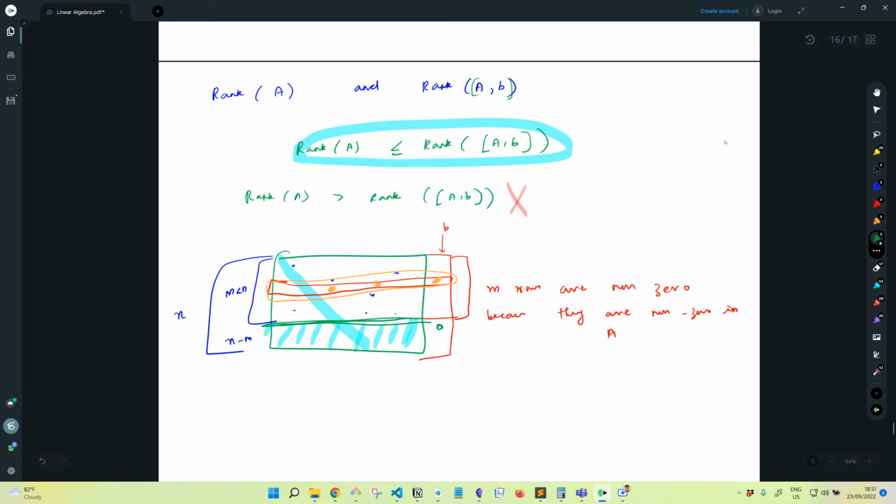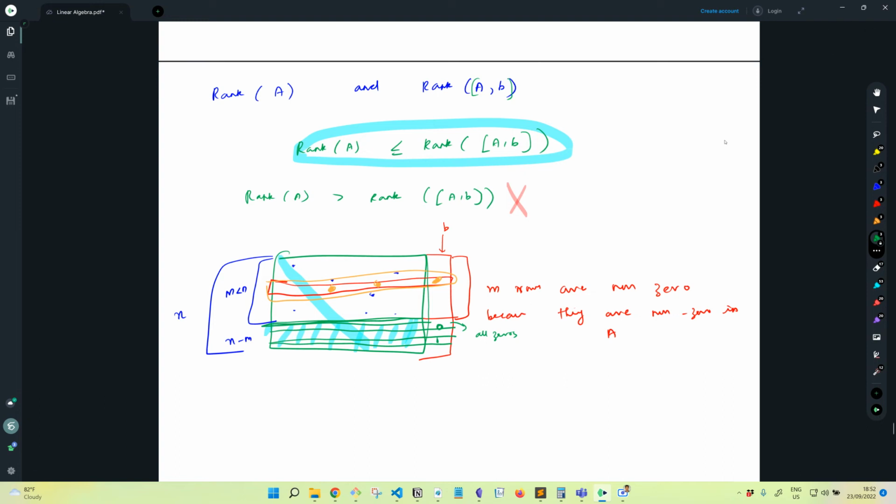If you append a 0 here, then because all these entries are 0, this row will also be an all-zero row. But in the new column, let's say you append a non-zero entry, say 1 here. Then this row will become a non-zero row. Do you see what I mean?